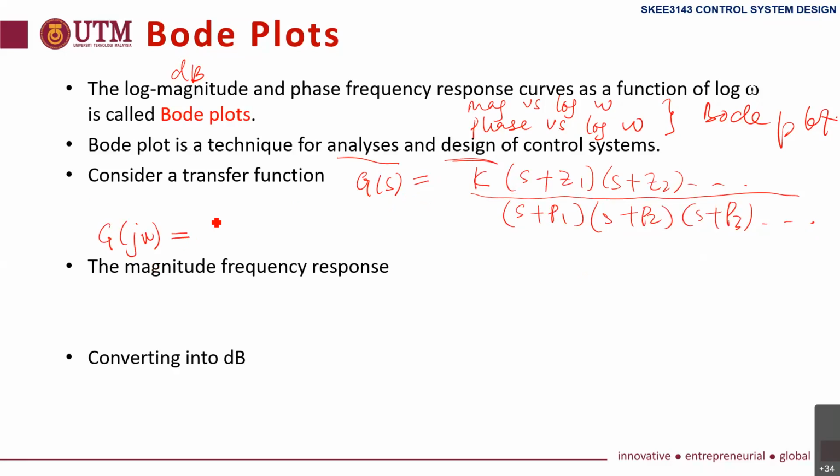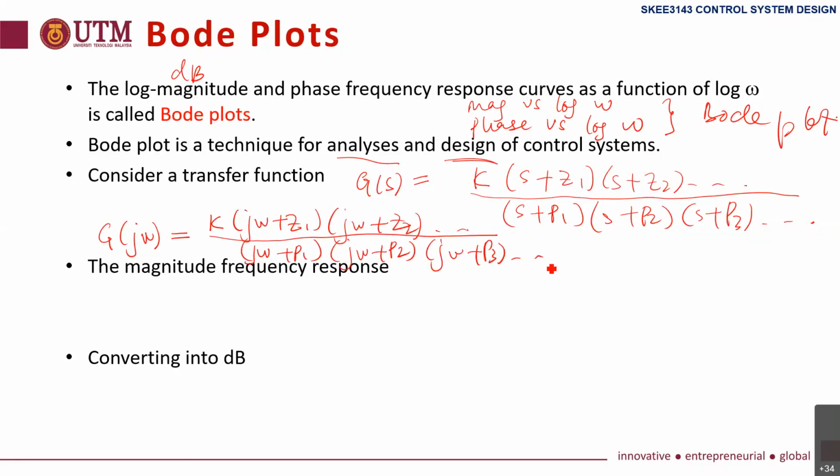So all will be K times (j omega plus z1)(j omega plus z2), and so on, divided by (j omega plus p1)(j omega plus p2)(j omega plus p3), and so on. That is called the frequency response. Then we can, of course, obtain the magnitude.